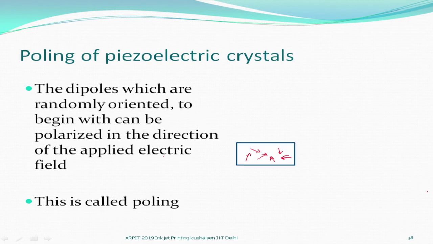So, this is called poling. For example, a piezoelectric material which has not been subjected to poling would have these entities arranged in a random manner, but when you apply an electric field, one may find that they start getting oriented. Once you orient them, they become a very interesting material.